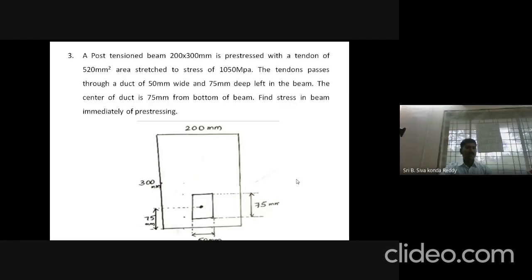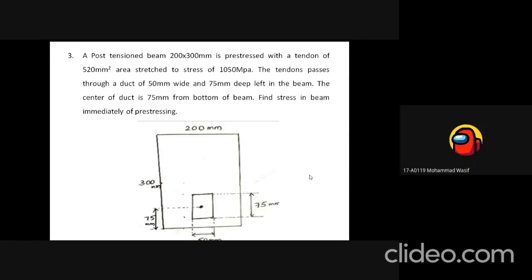So this is a picture describing the entire data of our problem: 200 by 300 mm beam, with a rectangular duct opening of 75 mm by 50 mm, and center of my duct 75 mm from bottom of my beam. If you use a cable of 520 mm square, stressed to 1050 megapascal, what is the stress induced in our beam? Can I move to the next step?